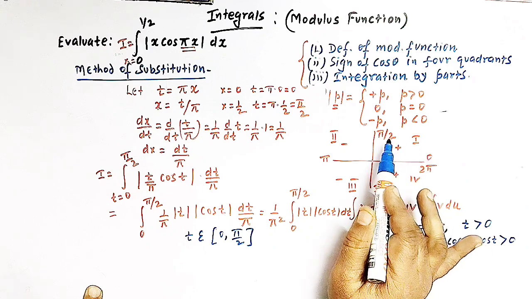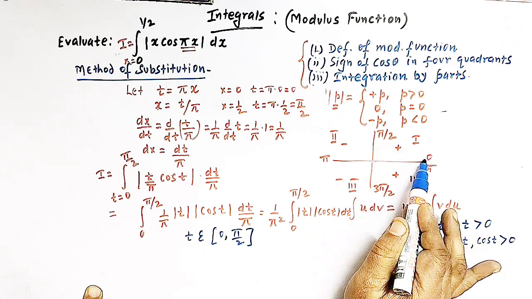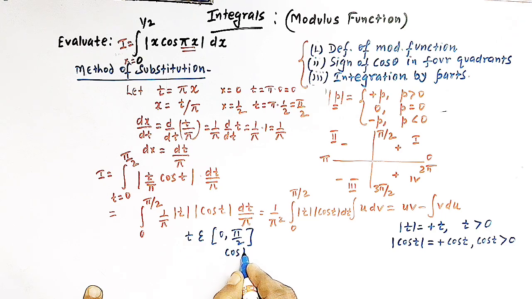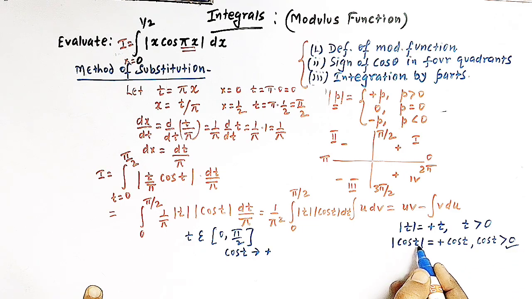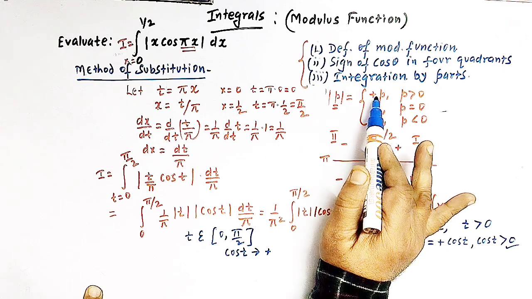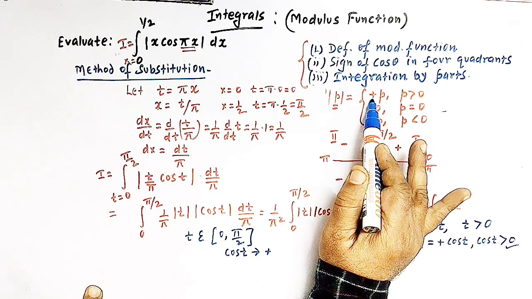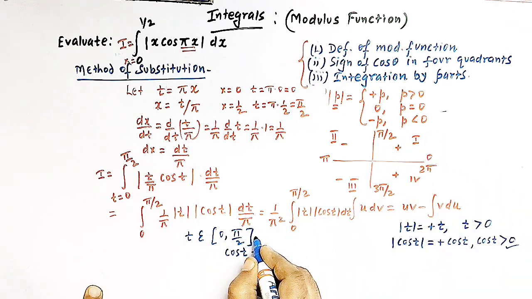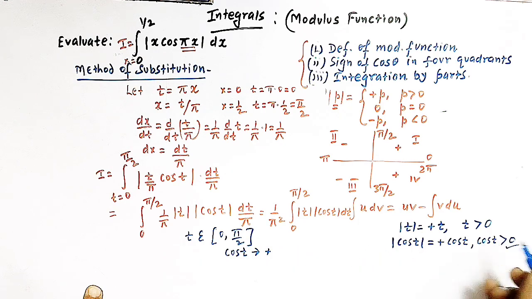And when we are in the first quadrant, the cosine function, cos of t, is positive, which implies that cos of t is greater than 0. So mod of cosine t can be written as positive cosine t when t belongs to this interval.